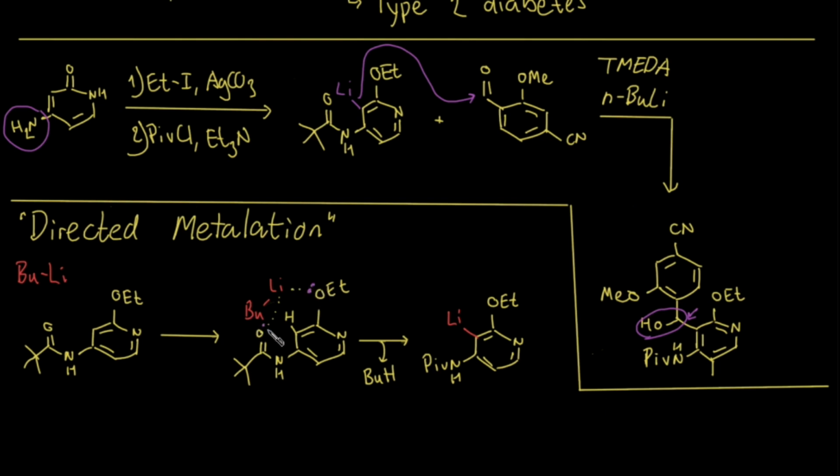I'm just going to draw them out here, which can attract this positively charged lithium ion. In this way, we are able to get this lithiation where we exchange the hydrogen for a lithium and lose butane.